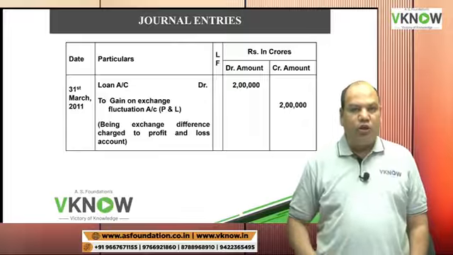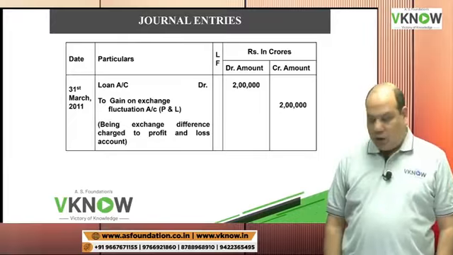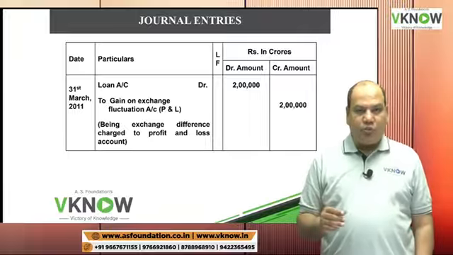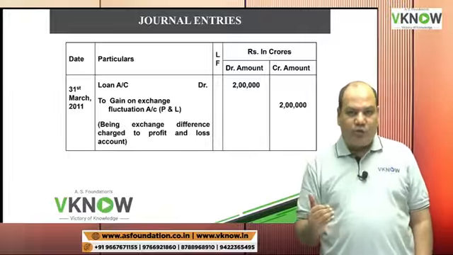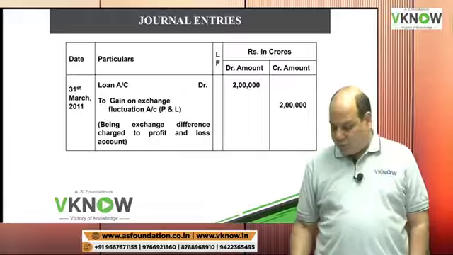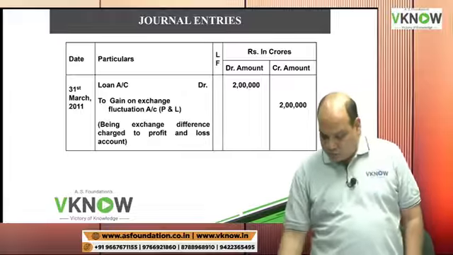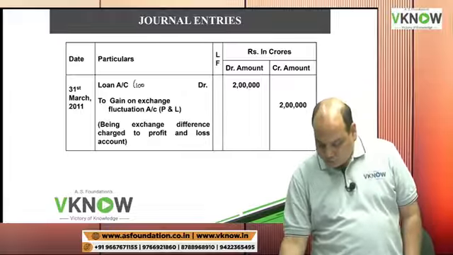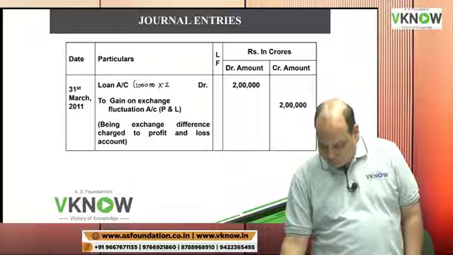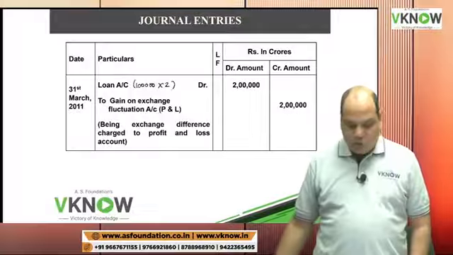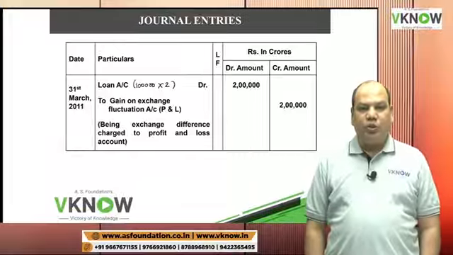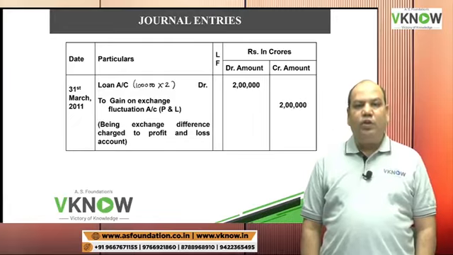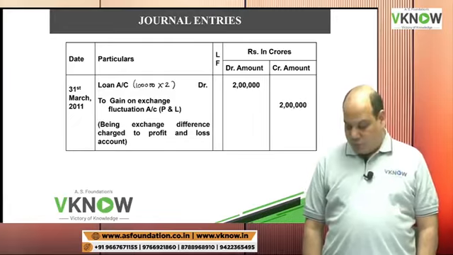Now we'll go to year 2. In year 2, you see in your question, the exchange rate has gone down by 2 rupees. From 48, it has become 46. So loan account debit 2 lakh. 48 minus 46, 2 rupee is the decrease in exchange rate, so liability will reduce by 2 lakh.